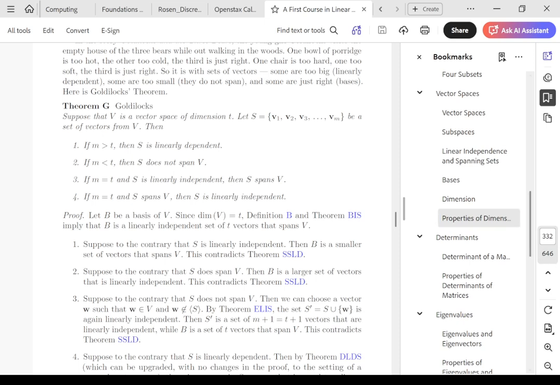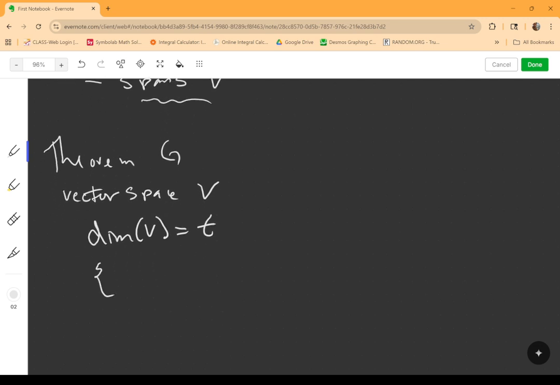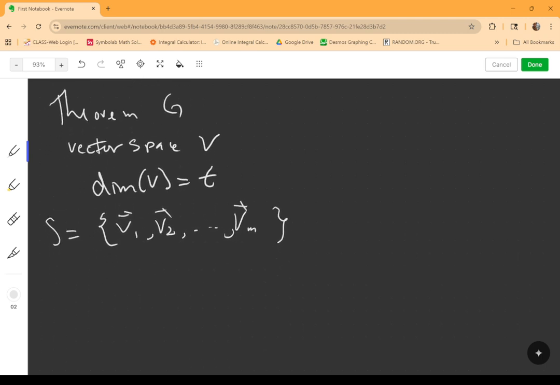Okay, so let's review what this is stating. Here we have a vector space V, and the dimension of V is T. We're told that we have a set of vectors S to be V1, V2, through Vm.